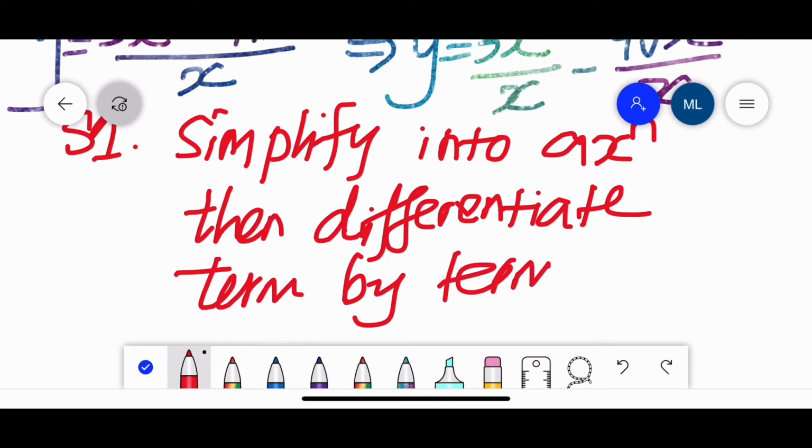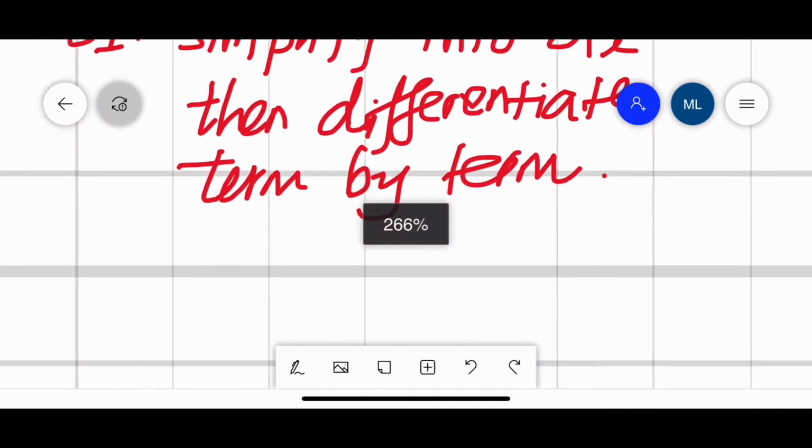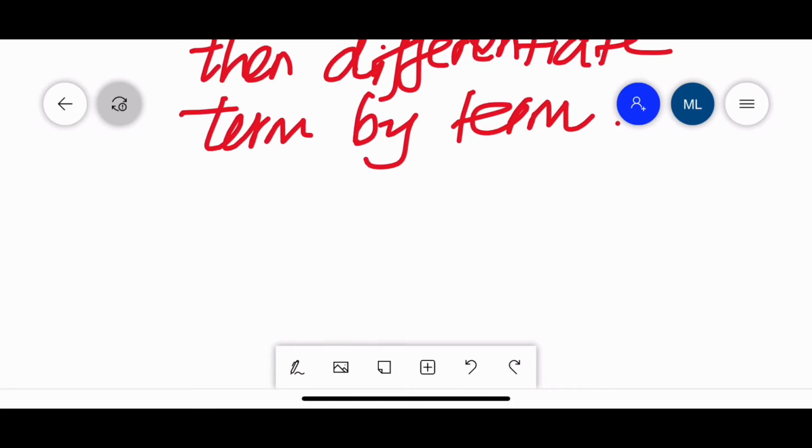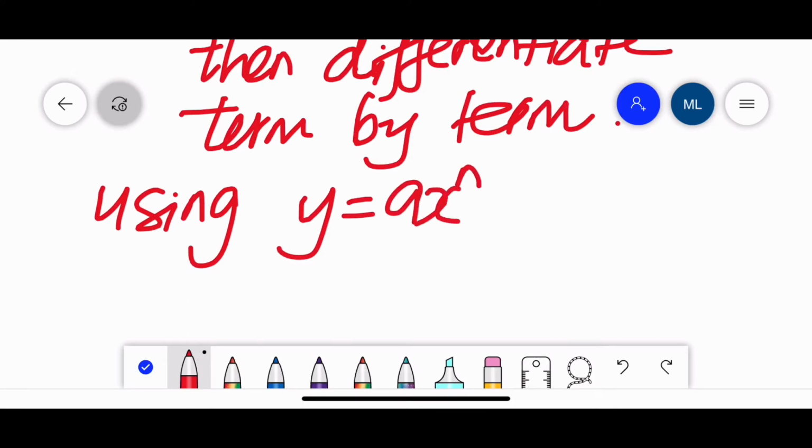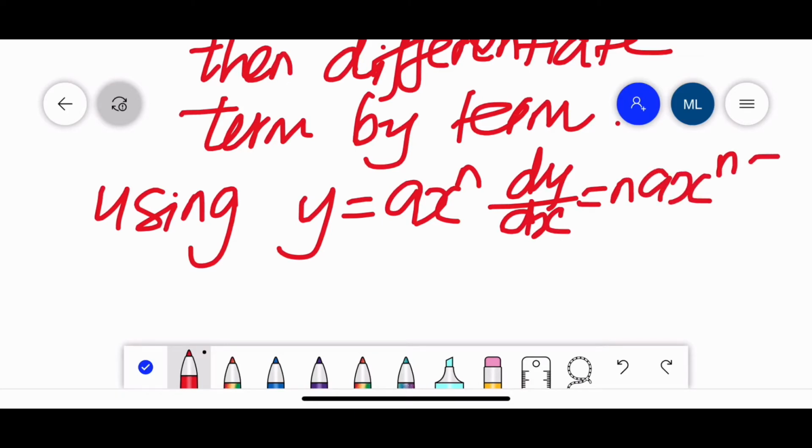When you differentiate any term, for example, you differentiate 2x power 3. So you bring down the 3, right? 3 times 2 times x, then the power goes down one step. So a is actually 2, n is 3.